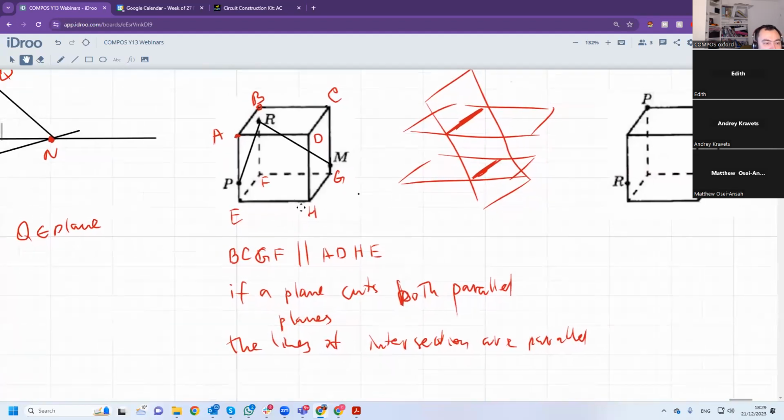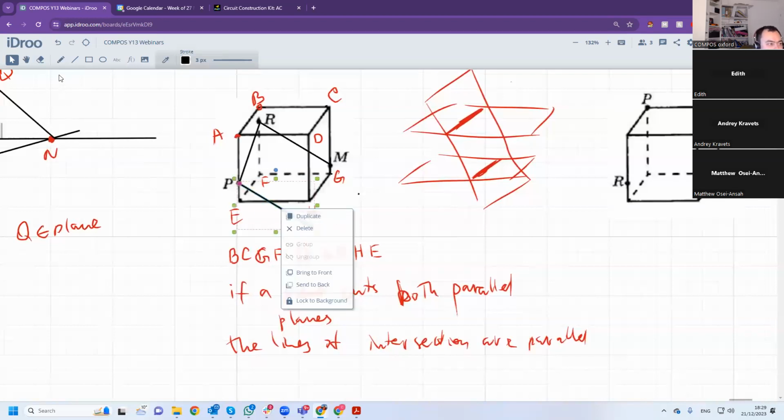That means we're looking for a point X, for a line that is parallel to RM. So we take RM and copy it, and draw a parallel line. There are various ways of doing this, and this way you can find the point.